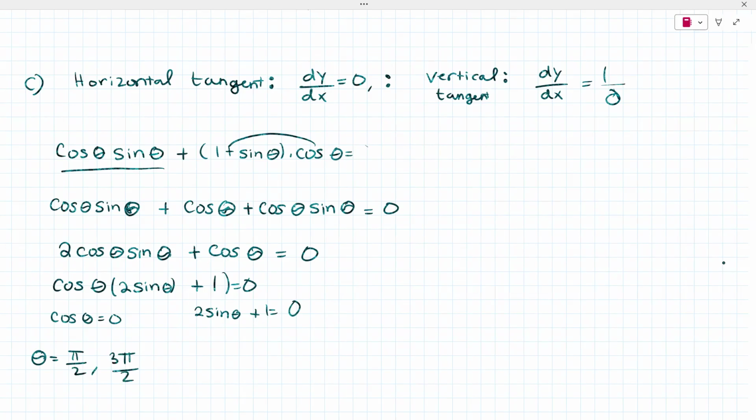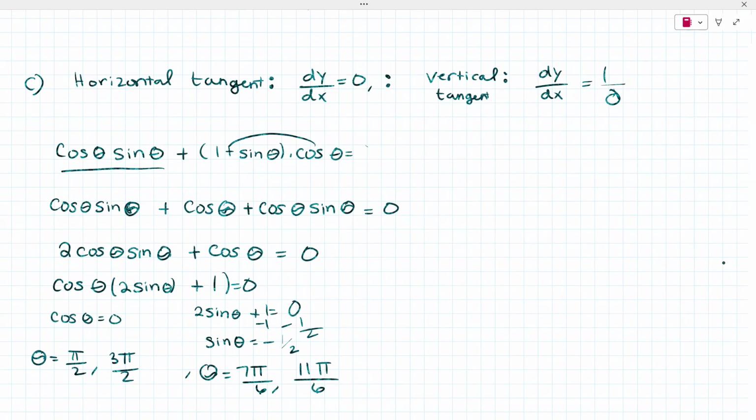And then over here, if you solve for sine theta, you subtract 1 and then divide by 2. So you get sine theta equals negative 1/2, and that would be 7 pi over 6 and 11 pi over 6. Okay.